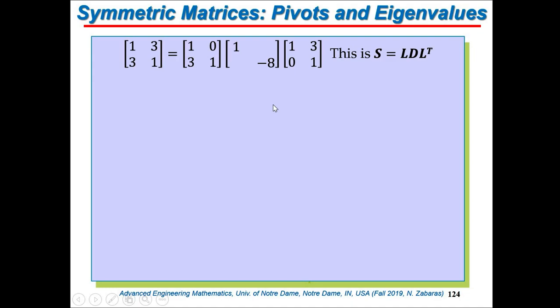As we change this matrix L, the matrices we get will still have pivots 1 and -8. I will push this matrix by moving 3 slowly to 0 until L becomes the identity matrix. In that case, the matrix I D I transpose will also have eigenvalues 1 and -8.